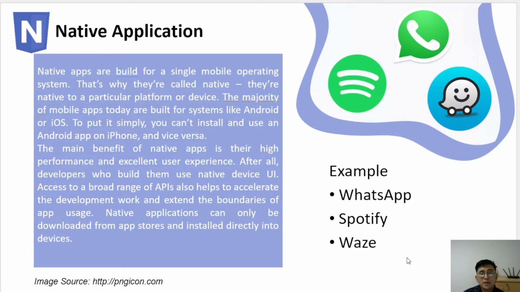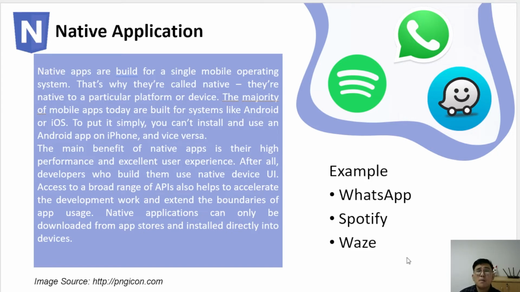Native apps are built for a single mobile operating system, which is why they are called native. It is particular to a platform or a device. For example, we have what we call exclusive applications. That's what a native application is.